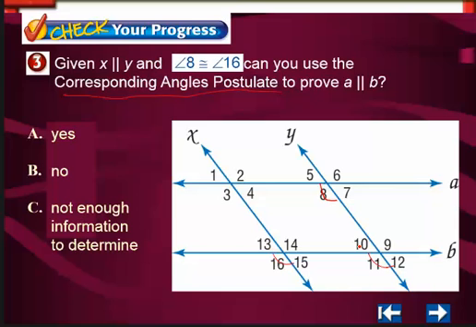So yes, I can prove that line A and line B are parallel to each other using the corresponding angle postulate. 16 and 11 are corresponding and they are congruent because we know x and y are parallel. If 16 is congruent to 11 and 16 is congruent to 8, then 8 must be congruent to 11, proving that lines A and B are parallel. So the answer is yes.